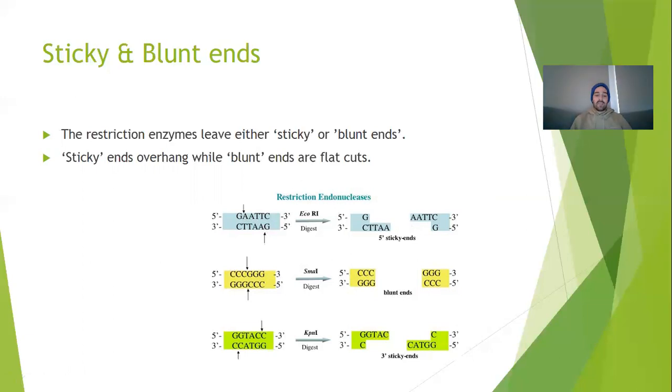If you compare that to the second restriction enzyme, the one in this orangey yellow color, you can see that it cuts straight down in a line, and we call these blunt ends. It results in two DNA fragments, both with straight ends. And lastly, our third example is again leaving sticky ends. We've got these overhanging DNA fragments.